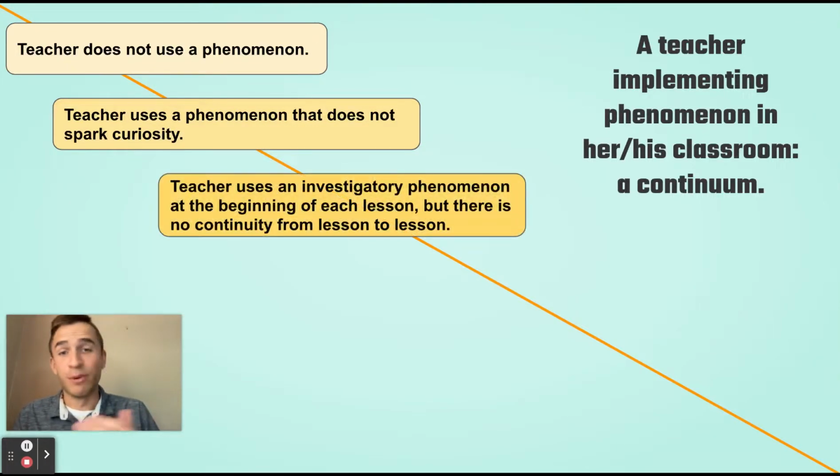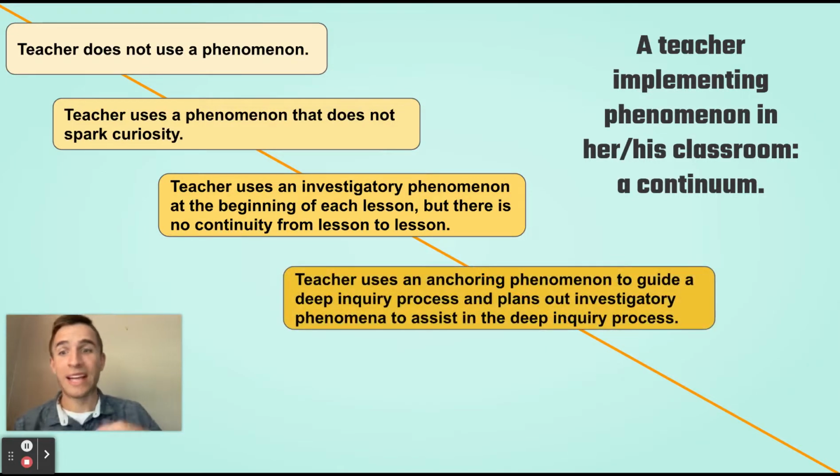However, as you keep growing, a teacher uses an investigatory phenomenon at the beginning of each lesson, but there's no continuity from lesson to lesson. So lessons are driven by phenomena, but there's no overarching anchoring phenomenon tying them all together. As a teacher grows in adopting NGSS, a teacher uses an anchoring phenomenon to guide a deep inquiry process and plans out investigatory phenomena to assist in this deep inquiry process.